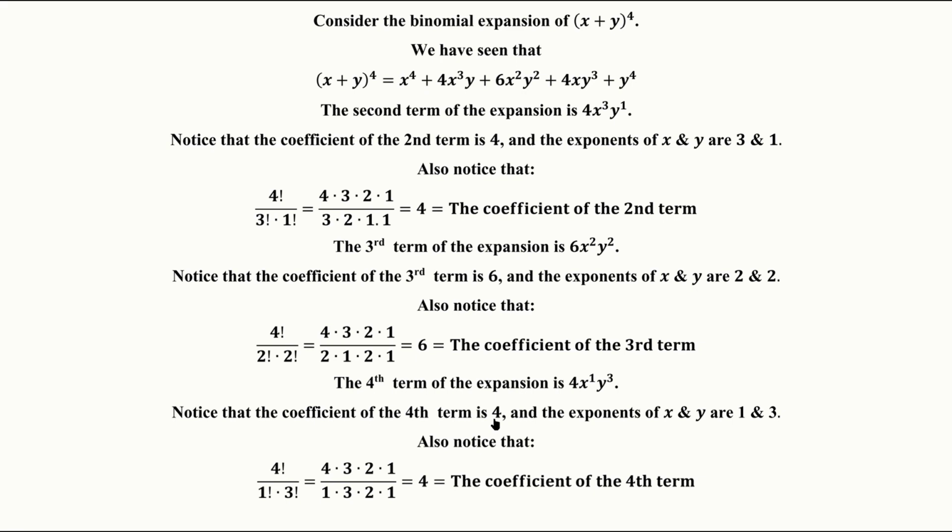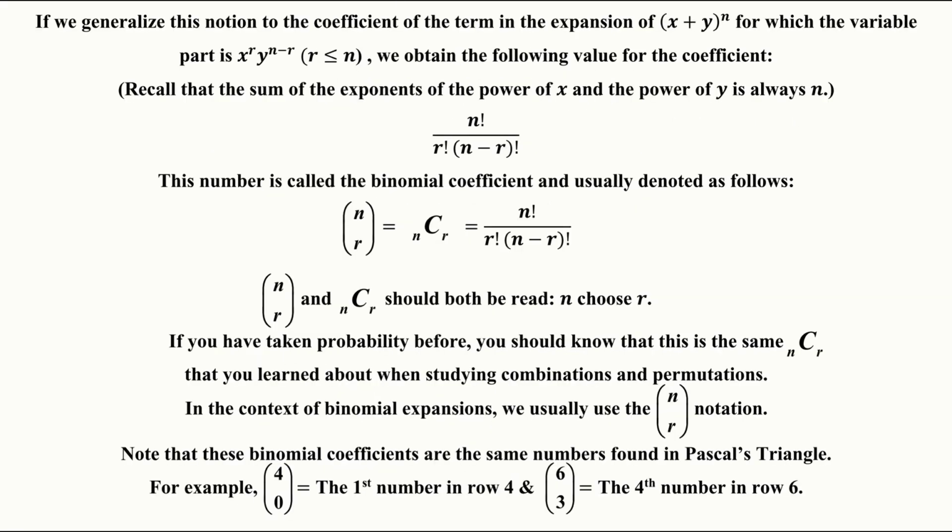Now we're going to generalize this notion. If we generalize this notion to the coefficient of the term in the expansion of the nth power of x plus y, for which the variable part is x to the r, y to the n minus r, we obtain the following value for the coefficient. First of all, convince yourself that this is a proper term of such an expansion.